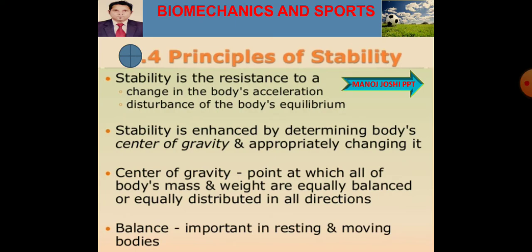Equilibrium is possible by finding the center of gravity. So the point at which all the body's mass and weight are equally balanced or equally distributed in all directions is known as the center of gravity. Balance is important in resting and moving bodies. So center of gravity we understand.